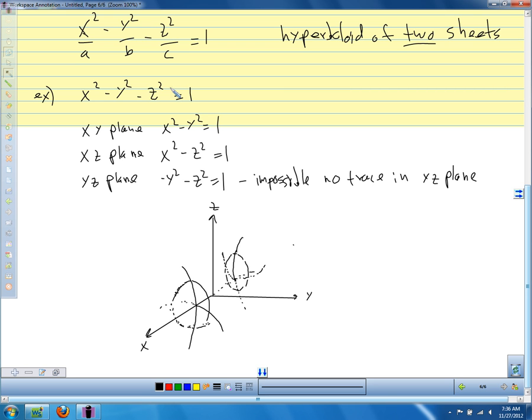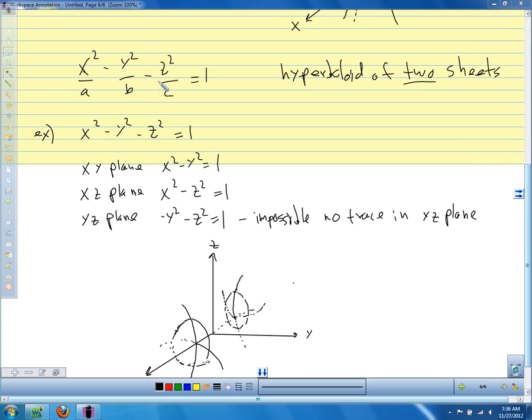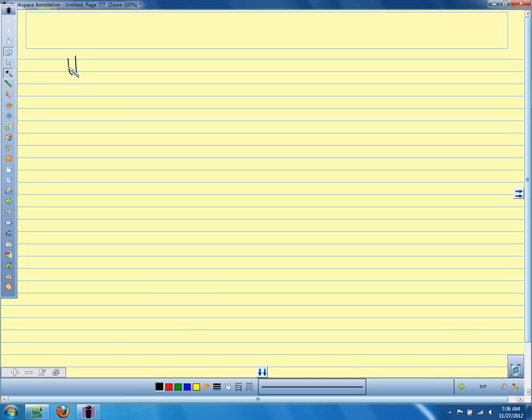So if the absolute value of x is greater than 1, I end up with circles parallel to the yz plane. So the main point of this is when I have two negative signs, I end up with a hyperboloid of two sheets. And we're not going to have a trace in one of the coordinate planes. But the best thing to do is to practice with some of these. So that's what we'll be doing.